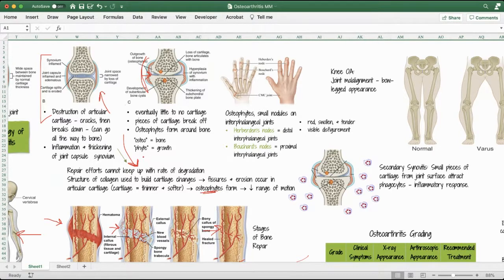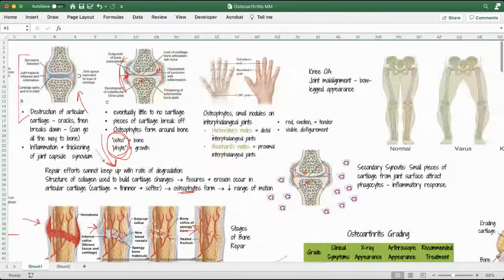What's happening is it's forming what are called osteophytes, little bone growths. So it's really your body attempting to fix what's going on, but it ends up creating these osteophytes.